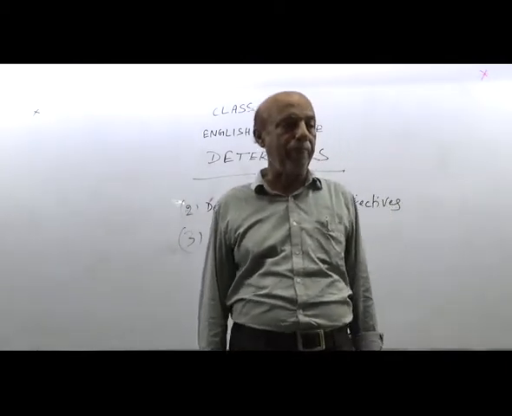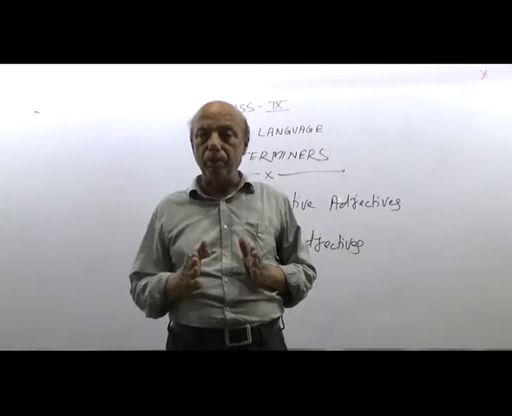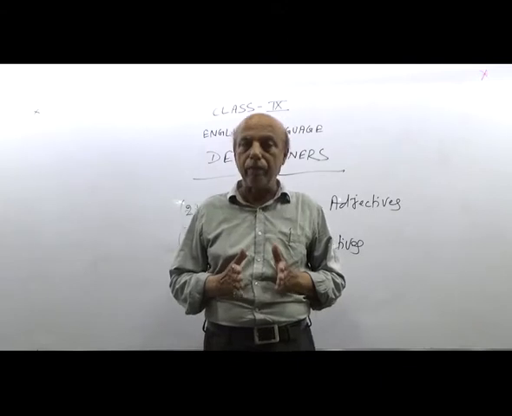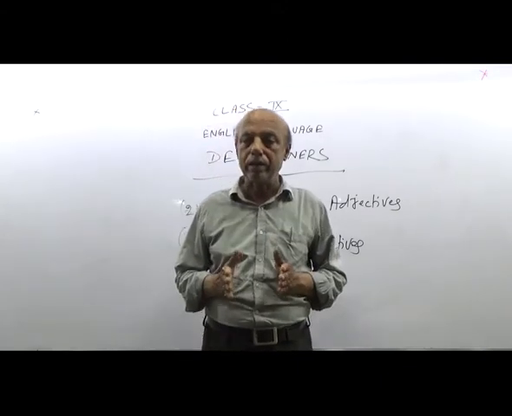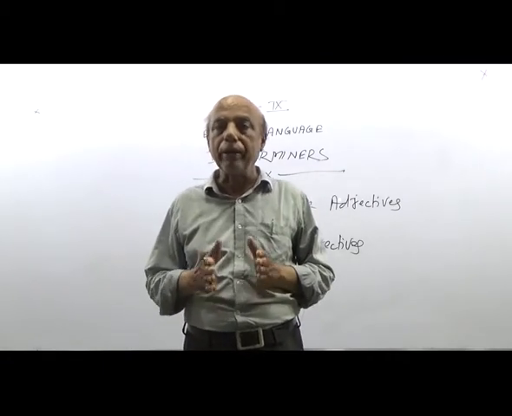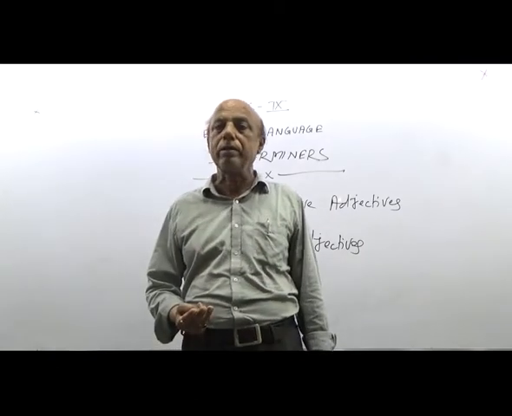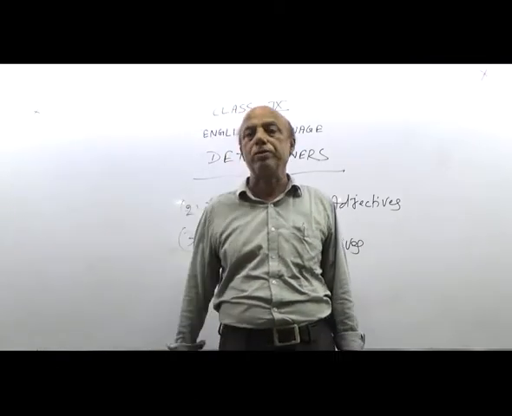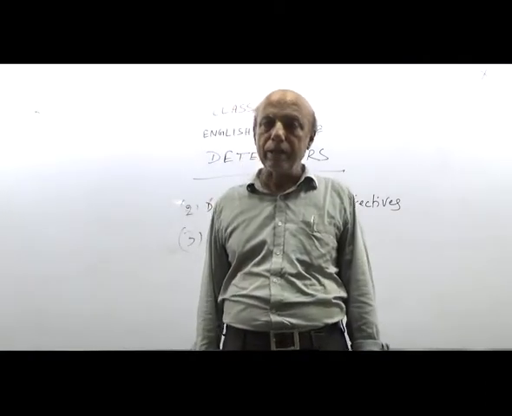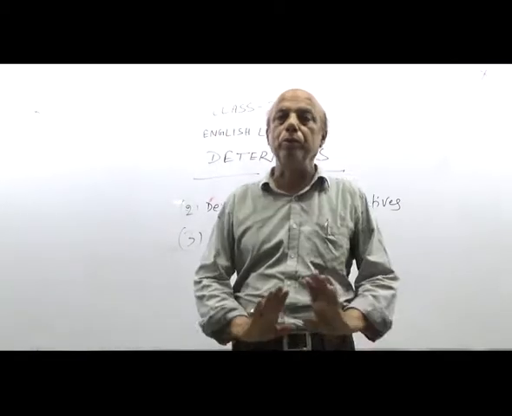Here I want to tell you that the first part of the determiners is articles, the second part is demonstrative adjectives, and the third part is numeral determiners. Numeral determiners have been divided into three parts: first is called definite, second is called indefinite, and third is called distributive.